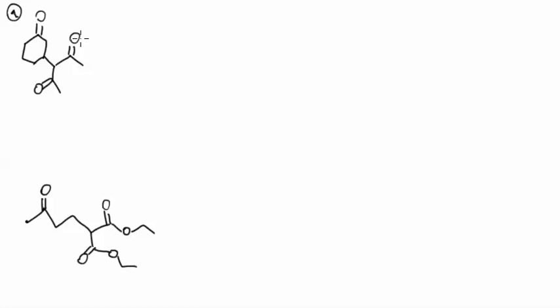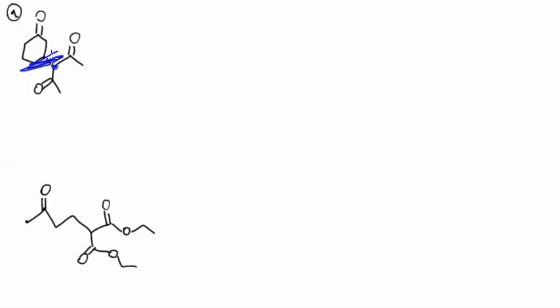Here is a C double bond O, and another C double bond O, separated by one carbon. So this is probably one piece used in the Michael reaction, and it has a hookup spot there.